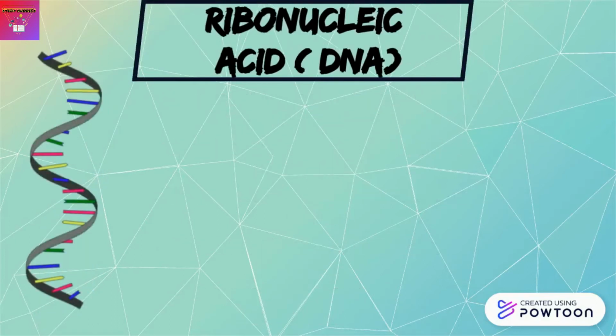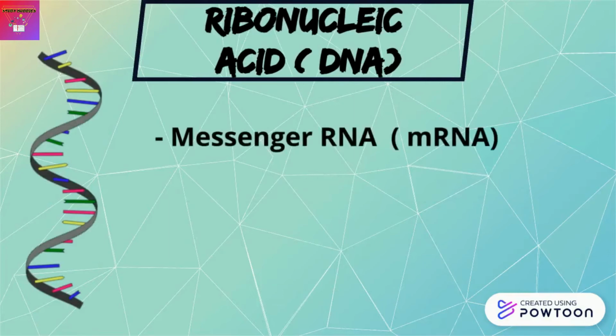Next up, we have the second example of nucleic acid, which is ribonucleic acid, commonly known as RNA. Generally, there are several types of RNA in our body. Firstly, we have the messenger RNA, or mRNA, which is a temporary copy of a gene that specifies the sequence of amino acids during protein synthesis.